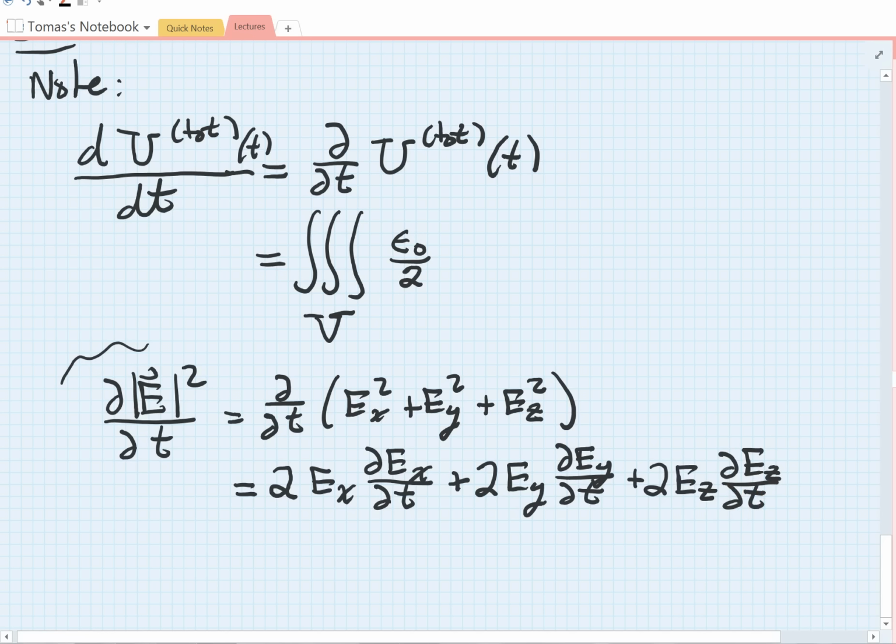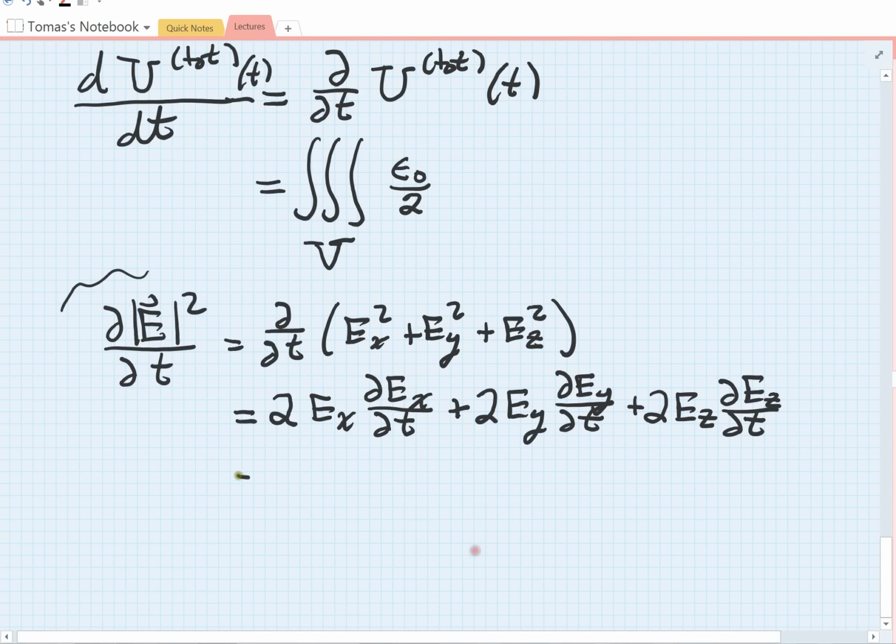Now, once we've worked out things in components, it helps us to get things back into their compact vector notation. And I think you can see what's happening here. Overall, there's a factor of 2 that has come down. And what's left is the x component of E times the x component of the time derivative of E, and then the y component of E times the y component of the time derivative of E, and so forth.